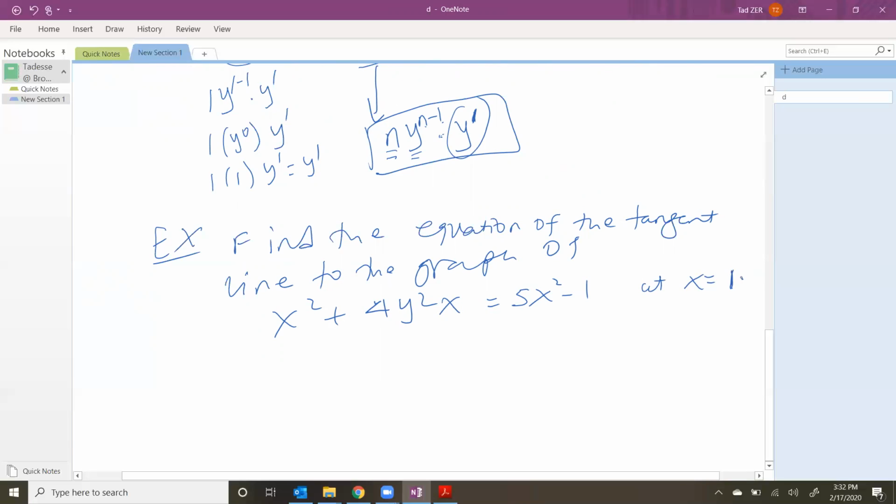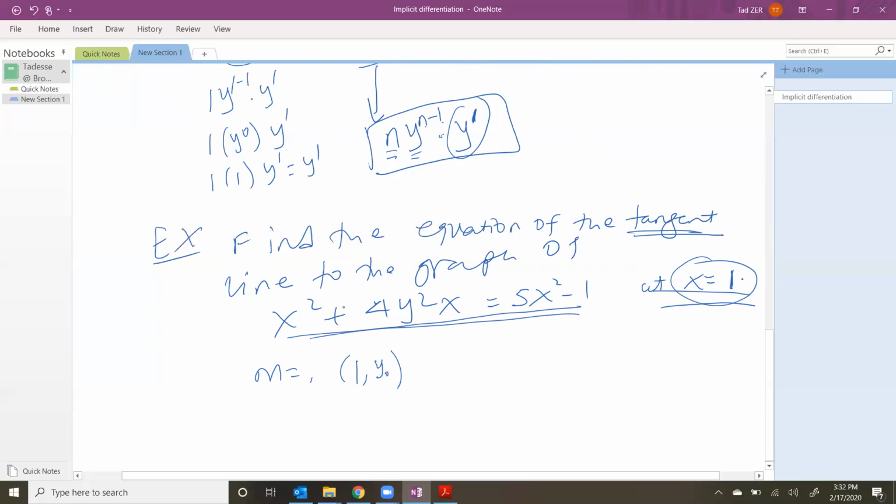So the question says, at x equal to 1, I want to find the equation of the tangent line. So how do I get the equation of a tangent line? I need what is called the slope. If I know the slope, let's say the slope is m, and I have x equal to 1 here, I can find the y value by solving for y in this equation.